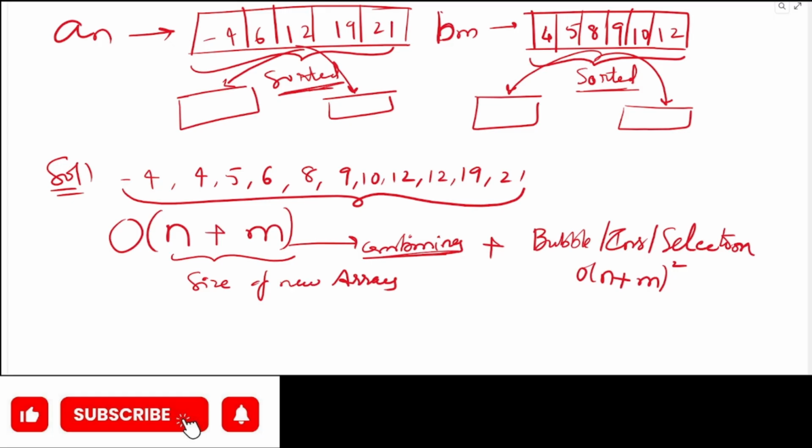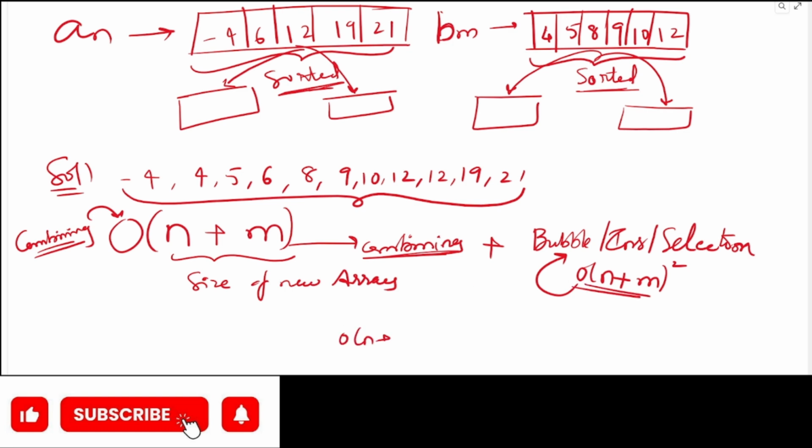Then finally, for combining, we are taking big O of n plus m complexity. And for sorting, we take big O of n plus m whole squared complexity.